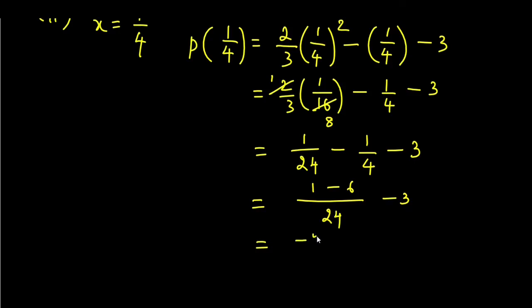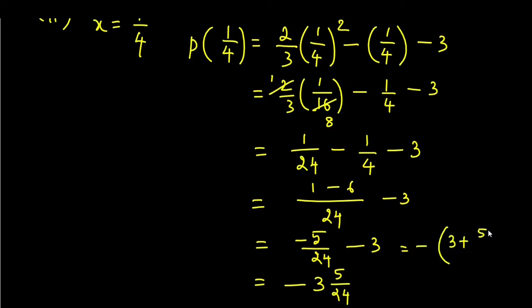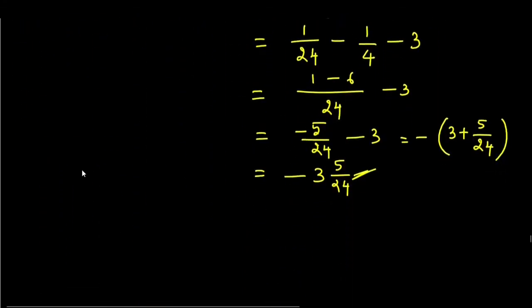This is minus 5 by 24 and minus 3. So this is minus 3 wholes 5 by 24, because this can be written as minus of 3 plus 5 by 24. So we can write it here, x equal to 3.